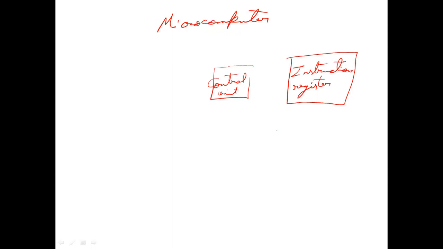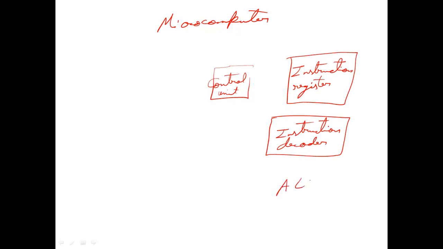Then instruction decoder is there. Then ALU, arithmetic logic unit. Then there are some data registers.